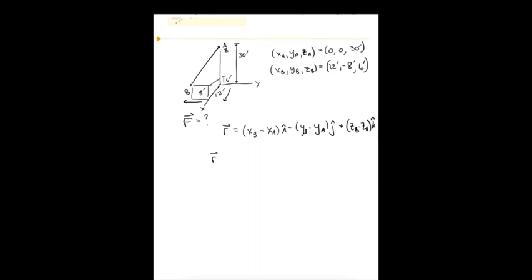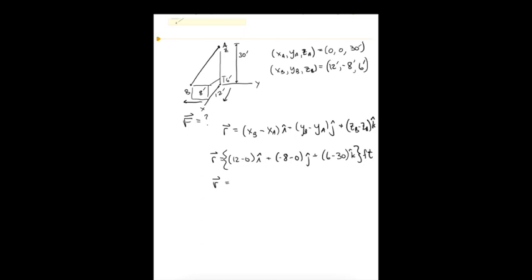Now we're going to plug in the values that we have already. So 12 minus 0, i hat, plus negative 8 minus 0, j hat, and 6 minus 30, k hat, and the units for all of this, in this case, is feet.